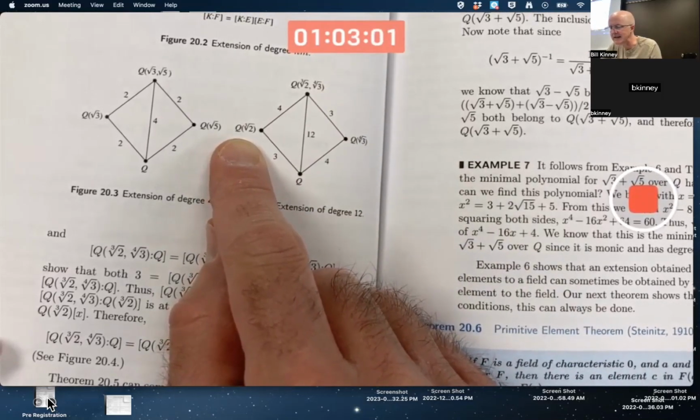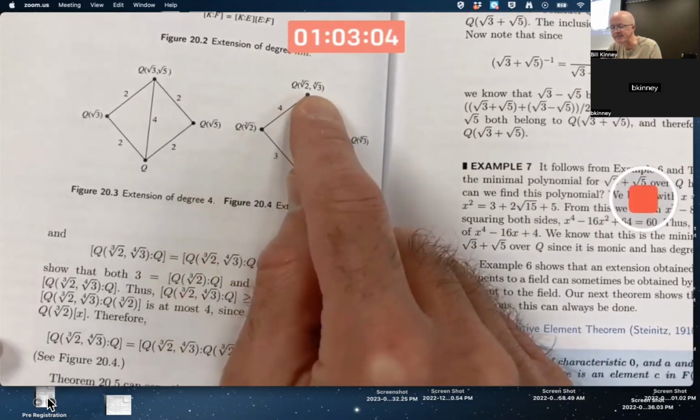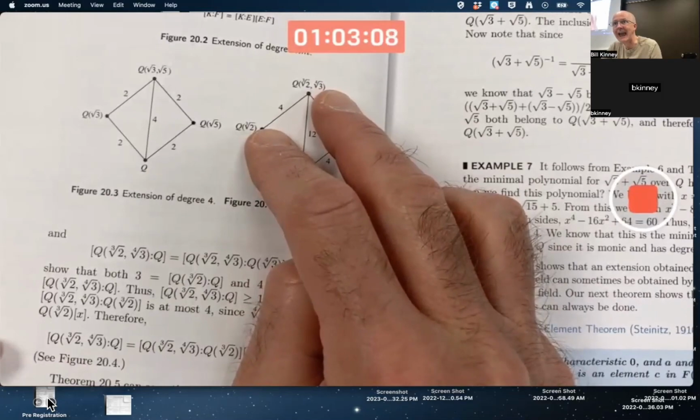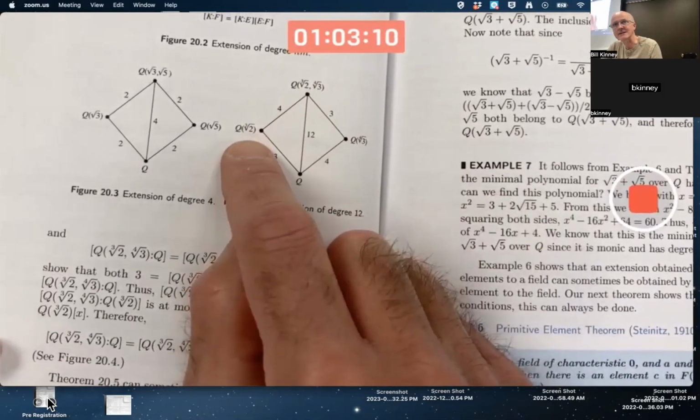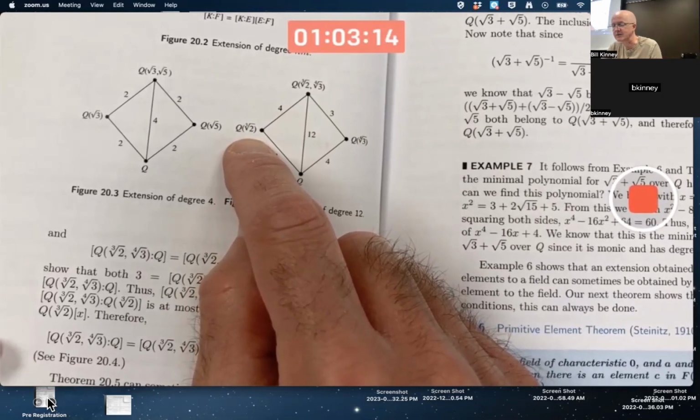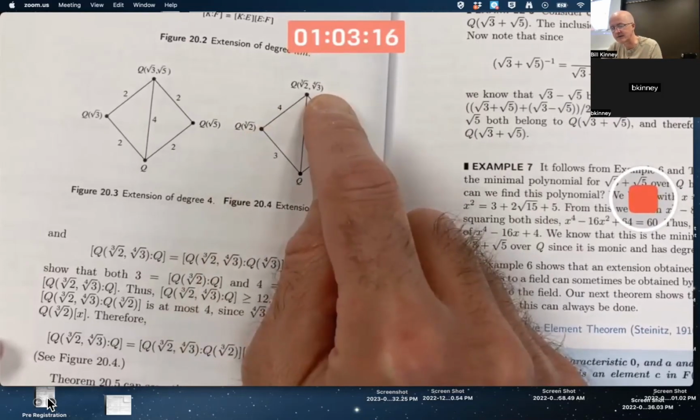It is a subfield of this because both of these fields do contain cube root of 2. And that's the smallest subfield of the reals containing cube root of 2 and all the rationals. So it's got to be smaller than that.